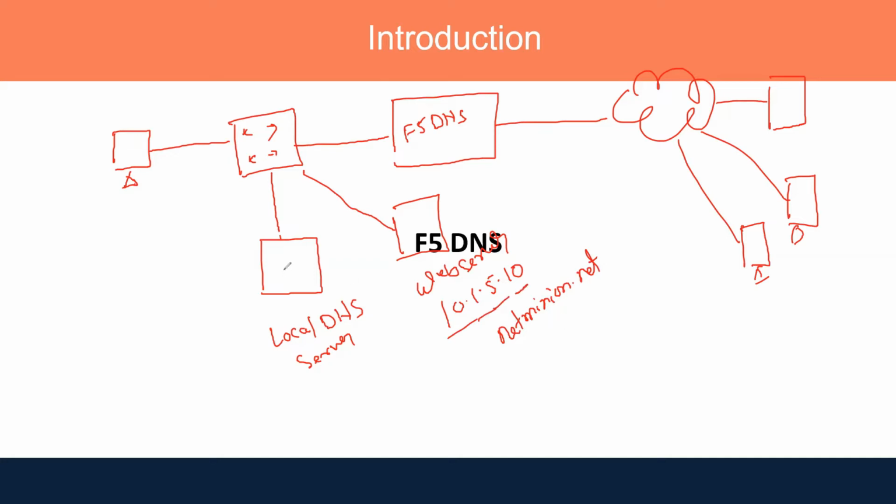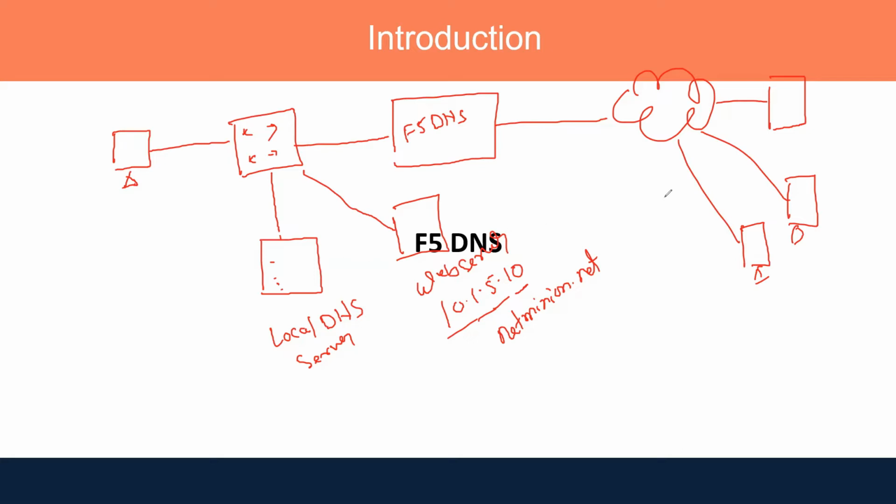And people from the internal network and people from the external network both are trying to access this. So for the internal network, we can make the entry over here on the local DNS, right? So when they type netminion.net in the browser, the request goes to the local DNS server, and the local DNS server is going to resolve that.